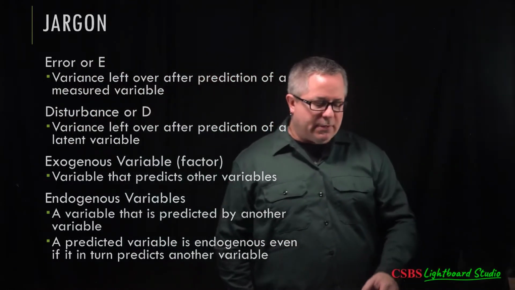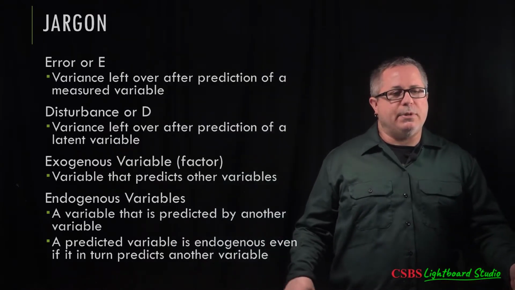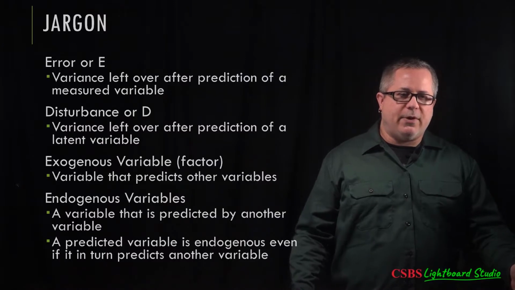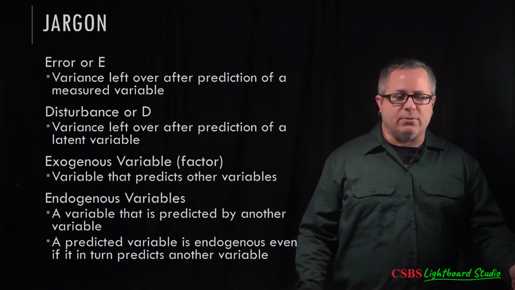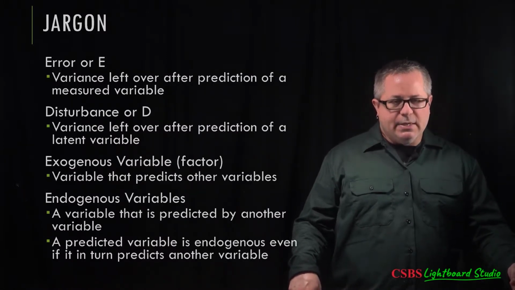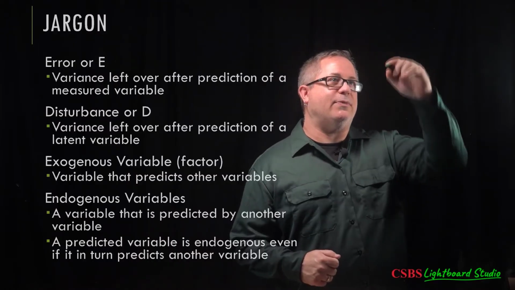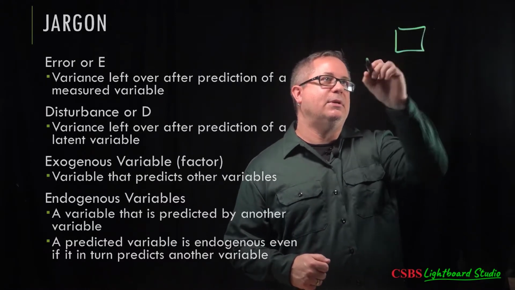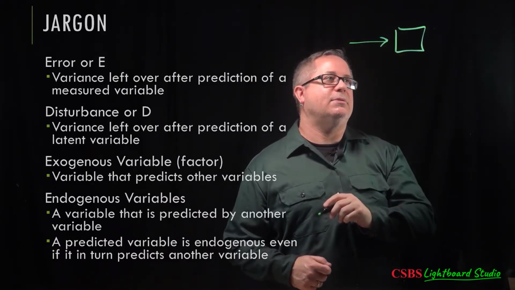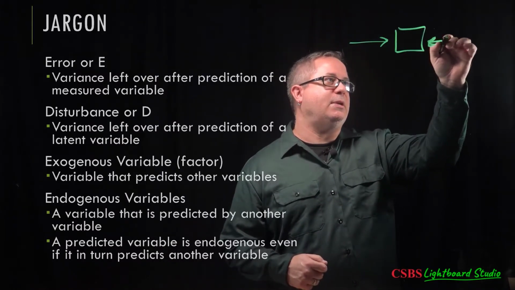So we talked a little bit about this last time, where E's in any model are referencing variance left over after prediction of a measured variable. But that gets a little tricky because that means that E's are a little bit flexible. So we label them E's. Anytime you have a measured variable of any sort, so if I have any square and there's an arrow coming to that square, there's going to be an additional arrow that has an E attached to it.